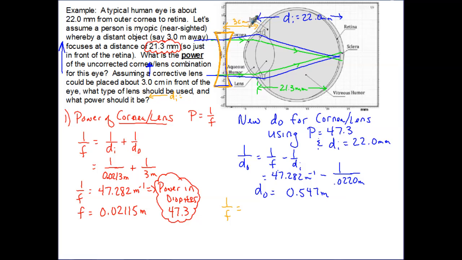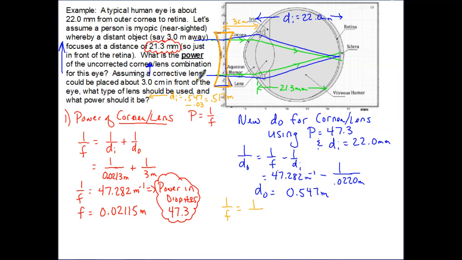So if I want to get this distance, it's going to be 0.547 minus 0.03 meters. Okay, and so that would be about equal to 0.517 meters. That would be DI. Now, I do need to be careful here. DI would have to be negative.